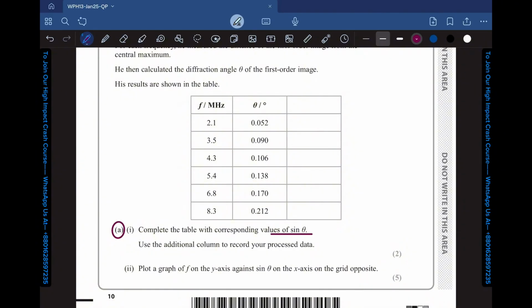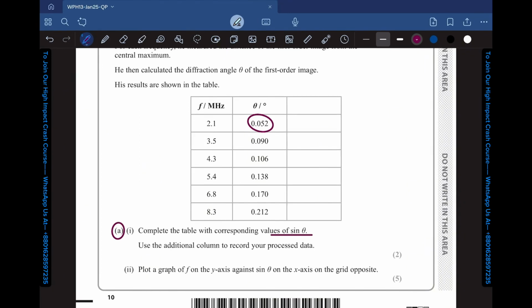To show the corresponding values of sine theta, what you can do is put sine 0.052 on the calculator. The value that comes up is a very small value, which is 0.000908.